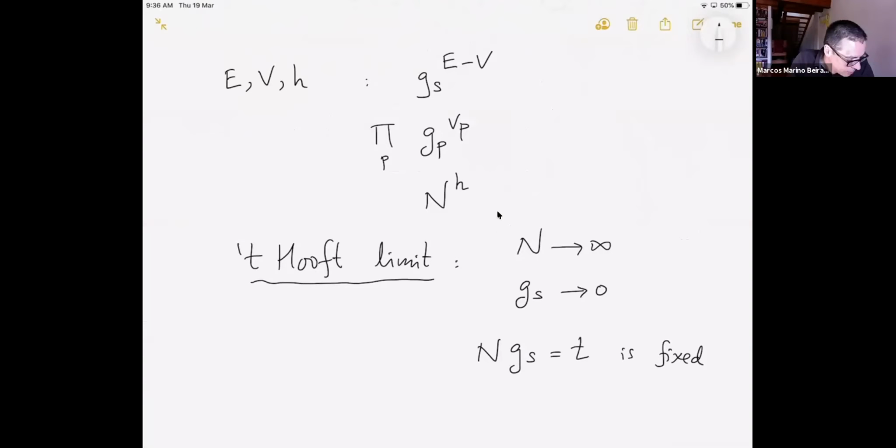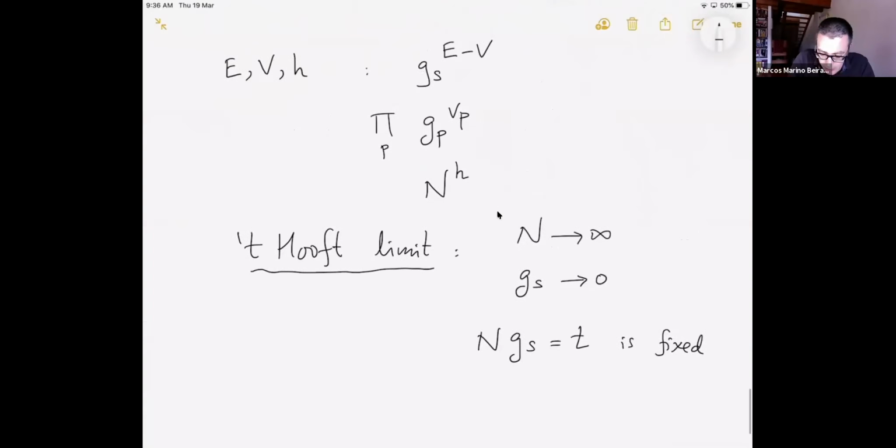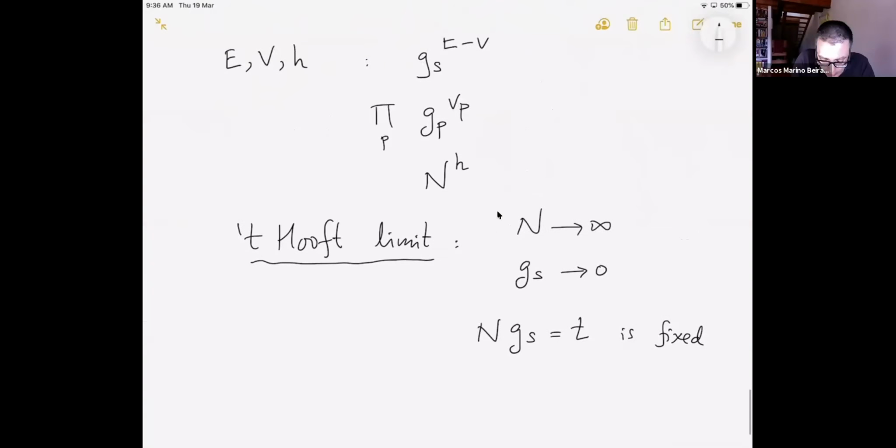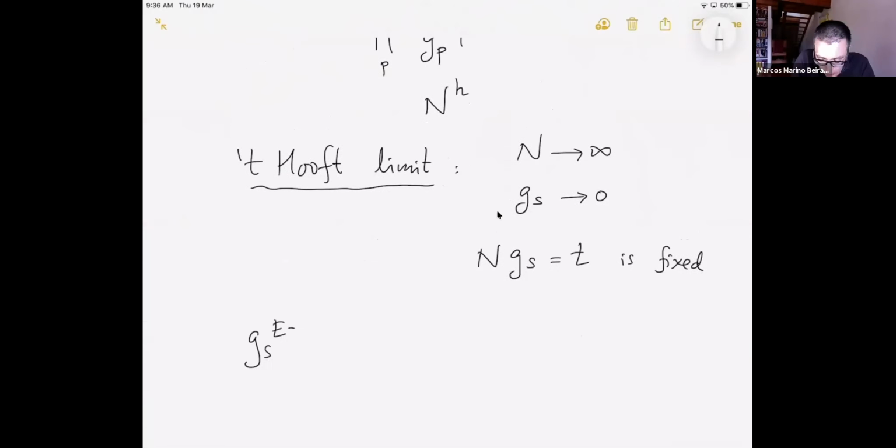And then what I'm going to do, let me write again gs to the e minus v, and then n to the h. And then let's use the fact that n is related to t in this way.